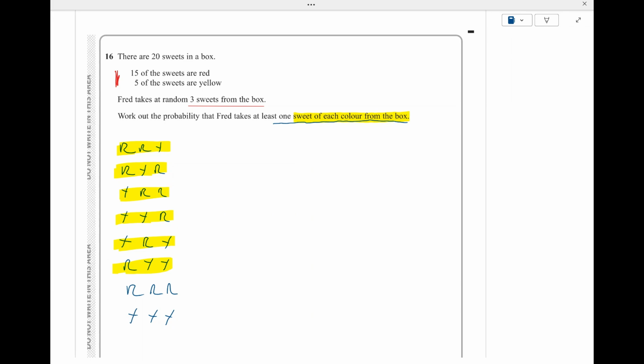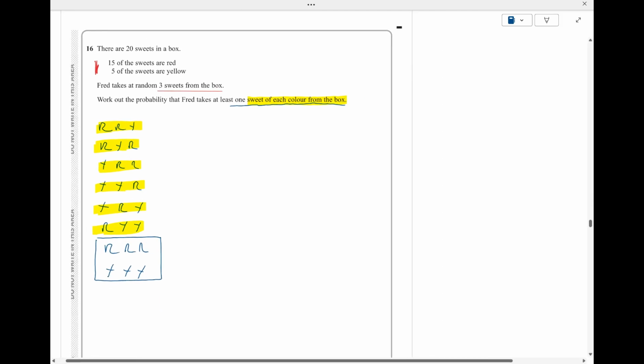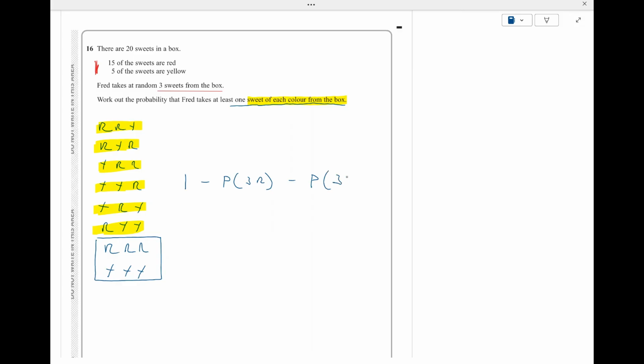But I think it would be better to work out the probability of those two and subtract from 1. So I'm going to do 1 minus the probability of him getting 3 reds minus the probability of him getting 3 yellows. Now, probability of getting 3 reds.